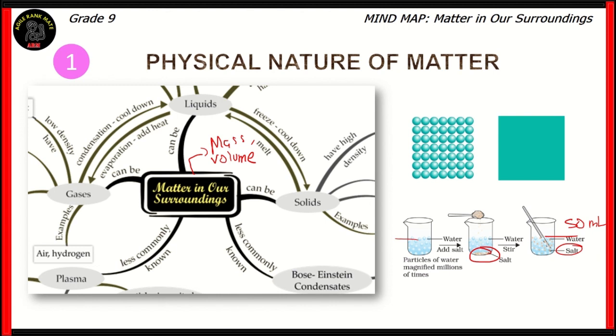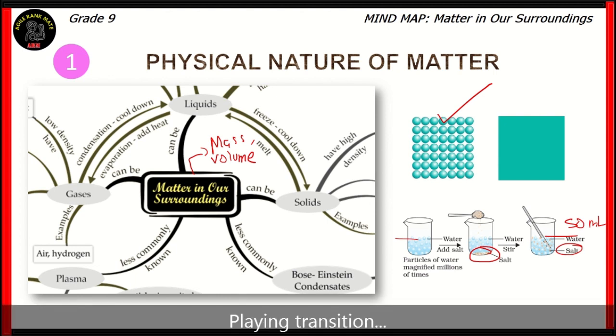So this explains that the salt is made up of many particles, and the water is also made up of many particles. So with this we can prove that matter is particulate and is made up of particles.